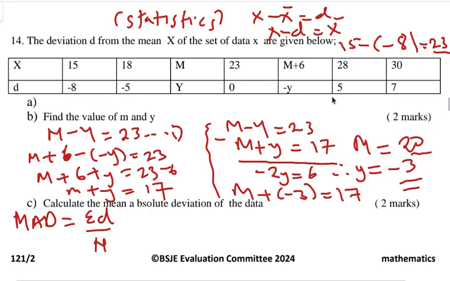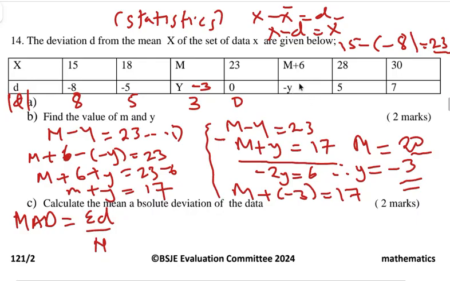Sawa. So how do you get the sum of deviation? Mwanzo watengeneza column. Let's say row ya deviation. But in this row ya deviation we ignore the negative. So kutakuwa na 8, 5. Y tayari tushapata, y ni ngapi? Negative 3. But we ignore it, itakuwa 3. Hapa ni 0. Hapa y tulipata, lakini sasa hii ni negative y.